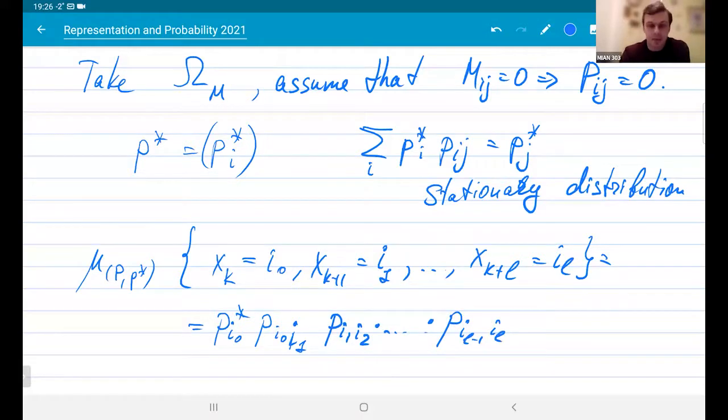Here is a definition. One can prove that this definition is consistent, that we have no contradictions in this set of definitions.